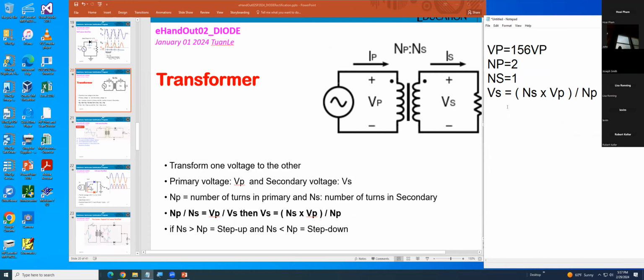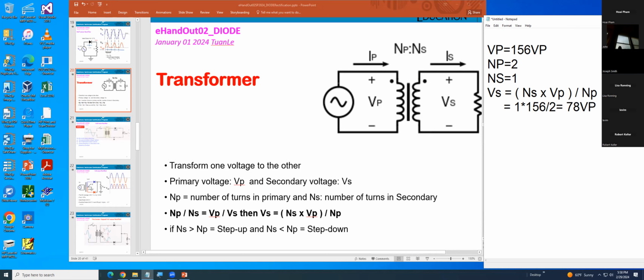So that equals 1 times 156 over 2, so that'd be 156 divided by 2. What does that equal? 156 divided by 2 is 78.